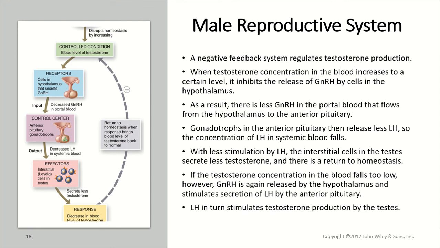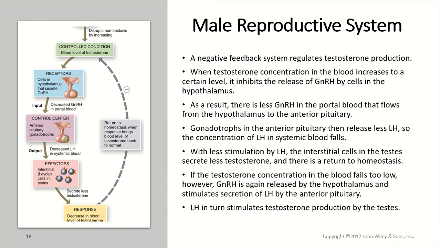pituitary. This causes the gonadotropes in the anterior pituitary to release less luteinizing hormone, so that the concentration of luteinizing hormone in the systemic blood is going to drop. This drop in luteinizing hormone in the circulating blood is going to result in interstitial cells in the testes secreting less testosterone, and there's also going to be then a return to homeostasis.